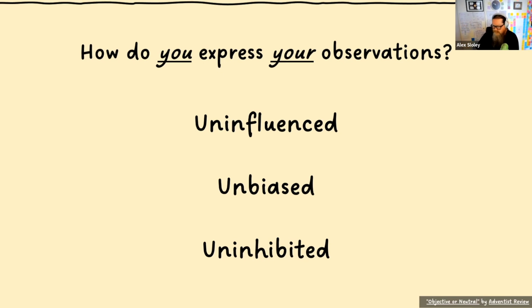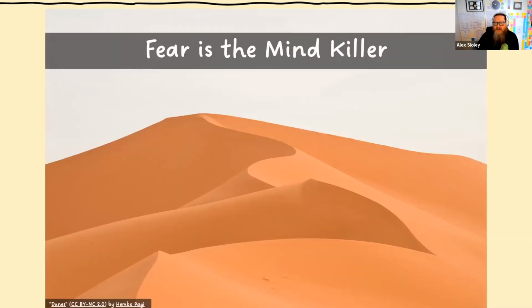Okay. So, to be a true ZFG master, really, we're coming up to this final conclusion. Fear is the mind killer. This is the thing that will prevent most of us from becoming true ZFG masters.